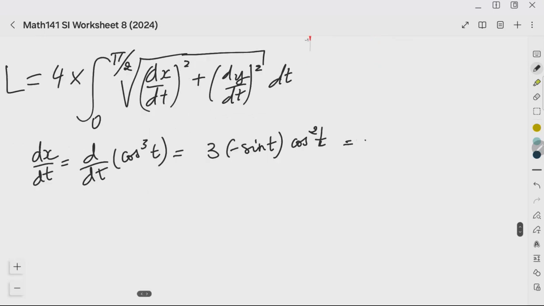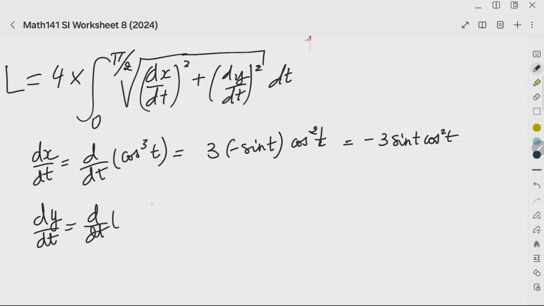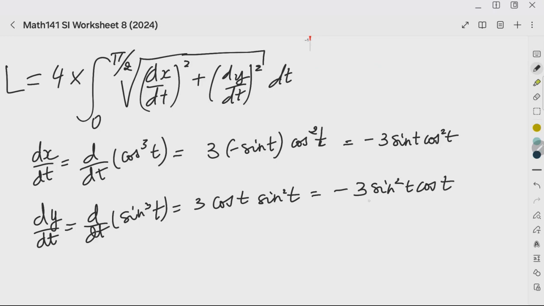In other words, this is equal to minus 3 sine t cos squared t, and the derivative of y in terms of t is equal to the derivative in terms of t of sine cubed t, which is 3 cos t times sine squared t. Again, we have 3 sine squared t cos t.